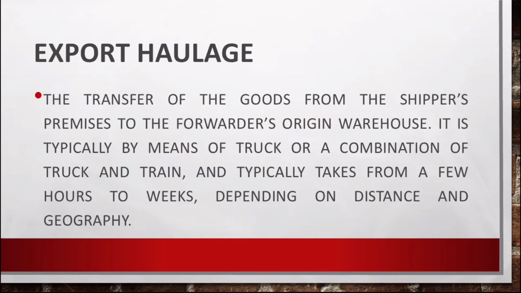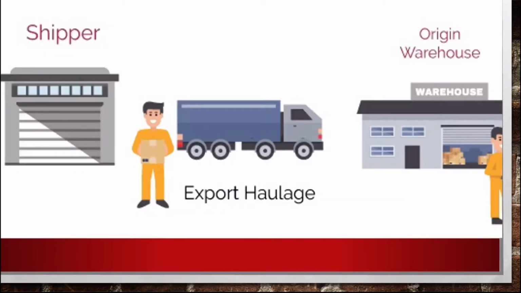The first step in the shipping process of ship transportation is export haulage. Export haulage is the transfer of the goods from the shipper's premises to the forwarder's origin warehouse. It is typically by means of truck or a combination of truck and train, and typically takes from a few hours to weeks depending on distance and geography.